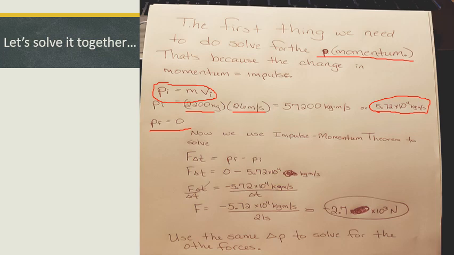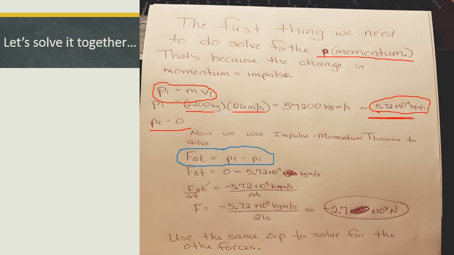All right. Now we're going to take that number right here, and we are going to use, oh shoot, hold on. It just disappeared for me. And now we're going to use the impulse momentum theorem to solve it. So you see this is our impulse momentum theorem right here. Well, it's part of it.